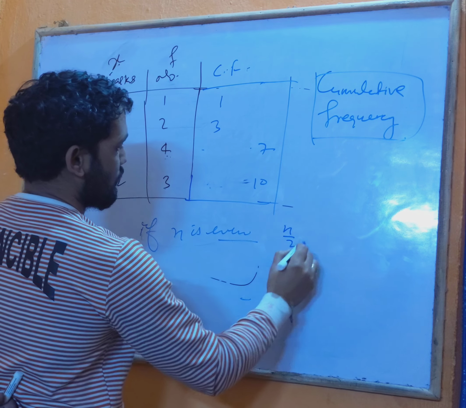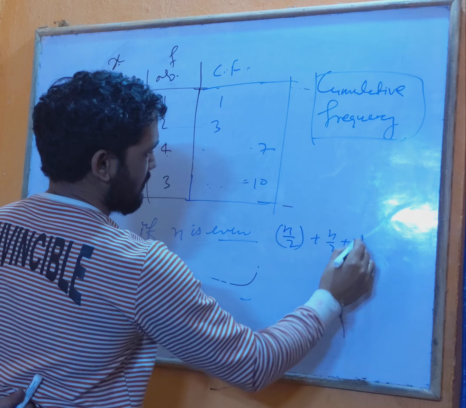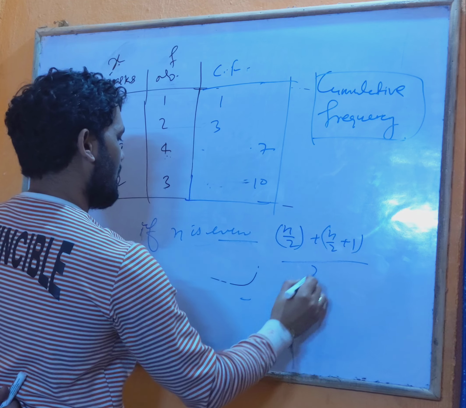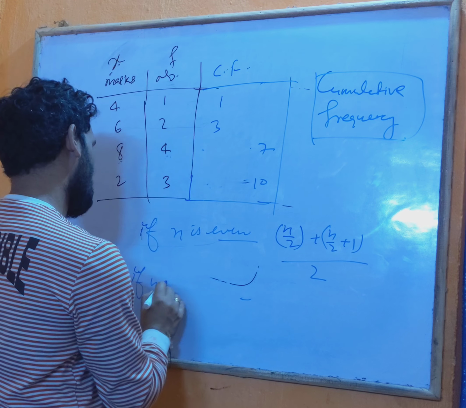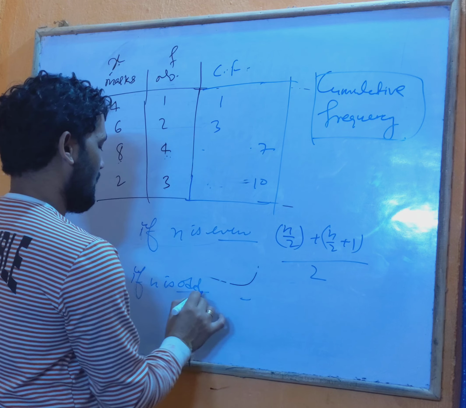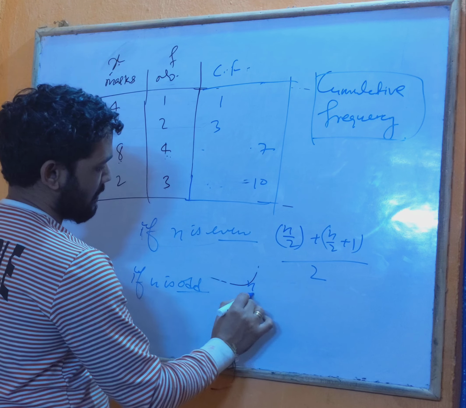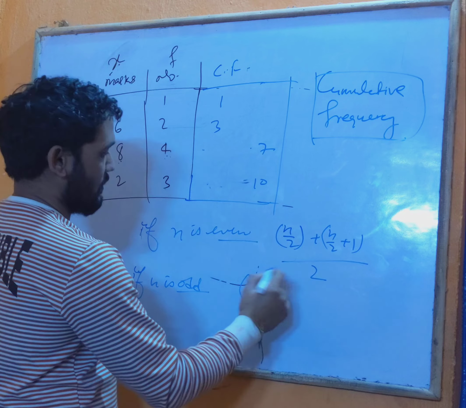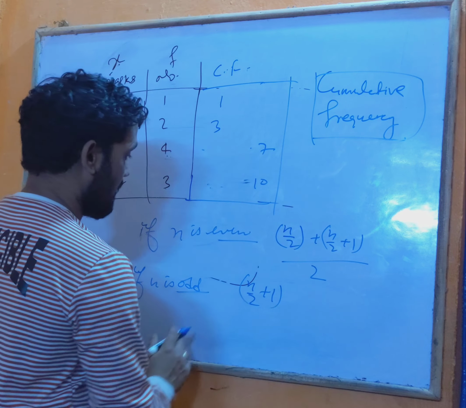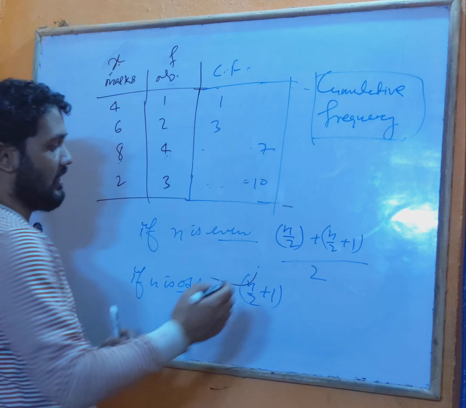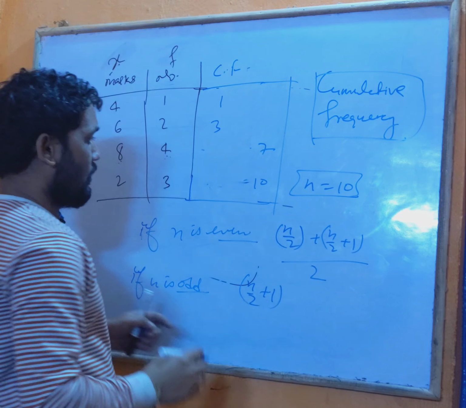If n is even, then again the formula is: the n by 2 observation and the n by 2 plus 1 observation, divided by 2, is your median. If n is odd, then the n by 2 plus 1 observation is your median. So here n is equal to 10.